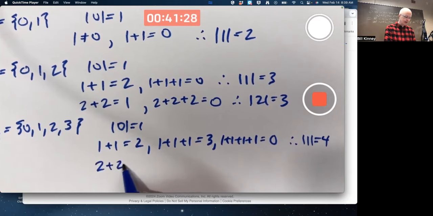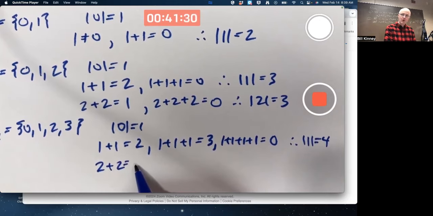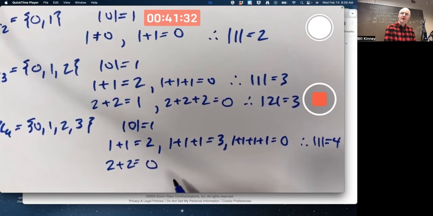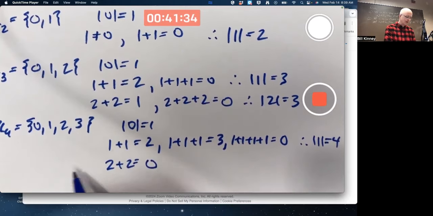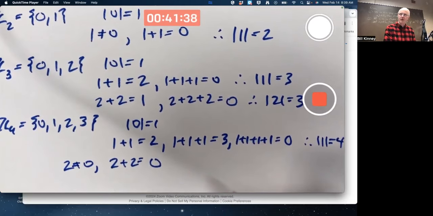2 plus 2 is 4. Mod 4 is 0. 2 itself is not 0, but 2 plus 2 is 0 mod 4. Therefore, the order of 2 is 2, actually, in this group.